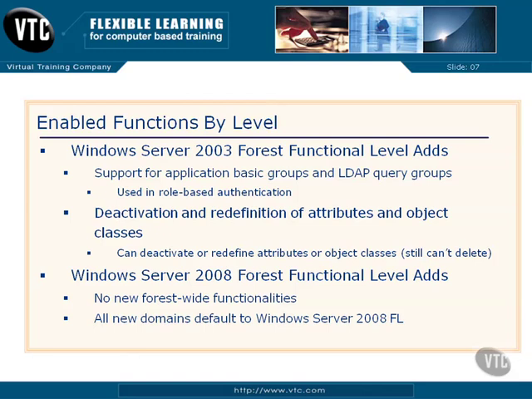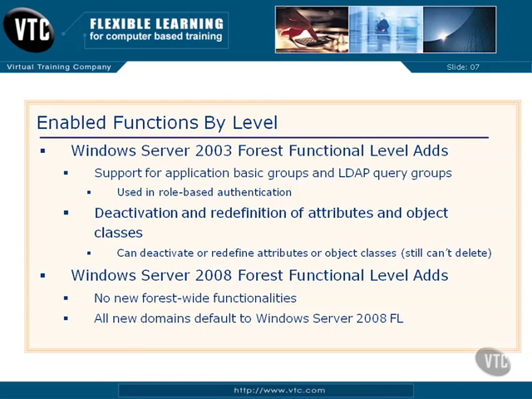There's deactivation and redefinition of attributes and objects. Now this is a big one. You can deactivate and you can redefine attributes or object classes, but you still can't delete them. And this has been a big deal because we took off on this whole idea of changing the schema in Active Directory and extending it.